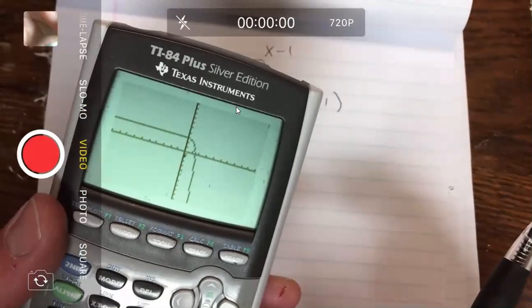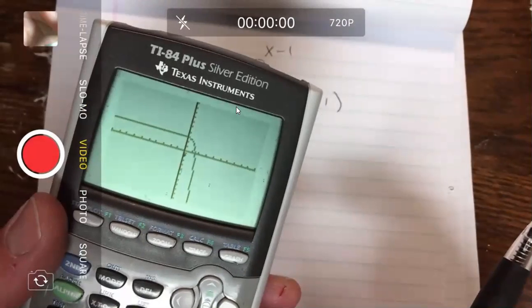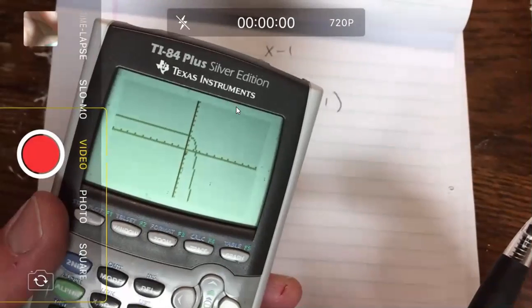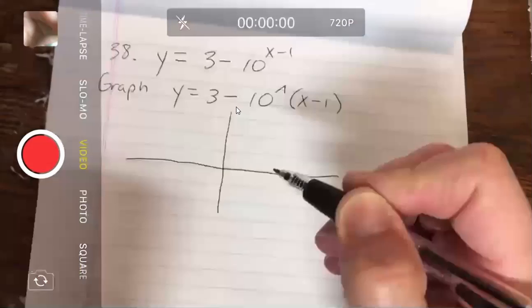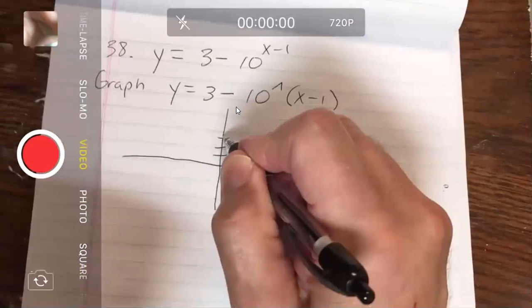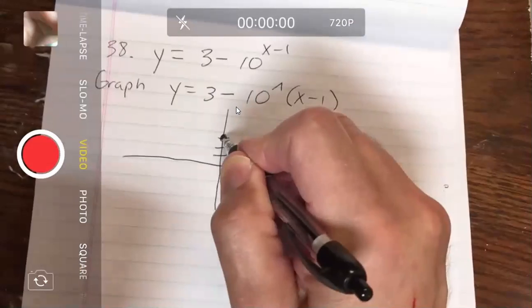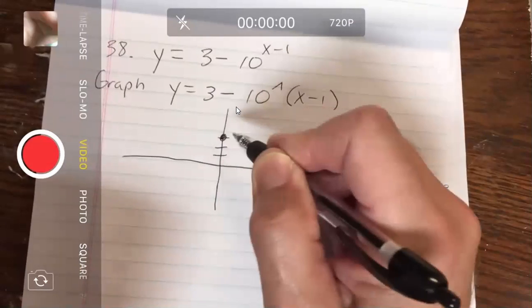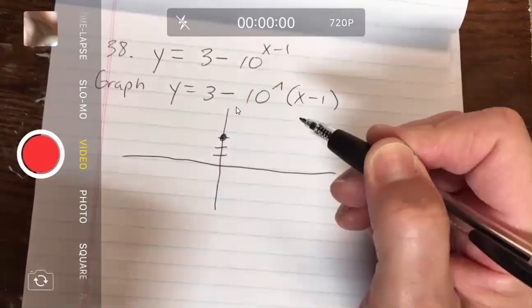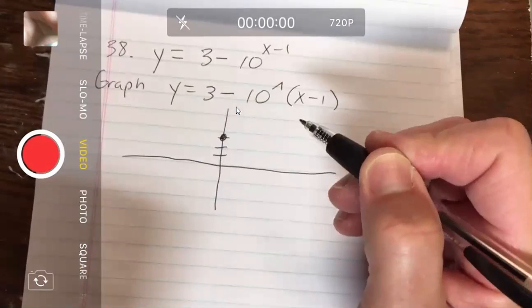Kind of see how it's flipped down because you've got this minus sign in front of the 10. Give us our best sketch. It looks like it's crossing the y-axis at 3. Actually, yeah, it kind of looks that way. It may not be actually.